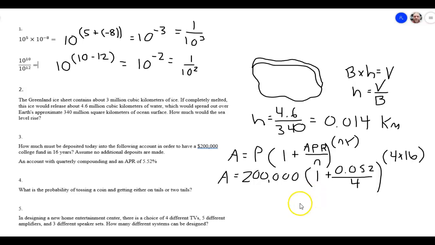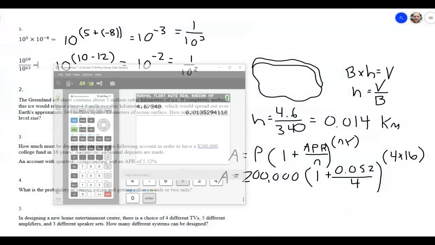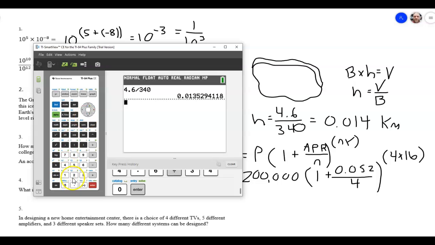All right, so I can put all of this into my calculator here. Pretty much just like it is right there. So if I go to my calculator, which you should have one, and put 200,000, open parentheses, 1 plus 0.052, you don't always need to put the 0 in front of the decimal place, but you can if you want to, divided by 4, close parentheses, raised to the 4 times 16.